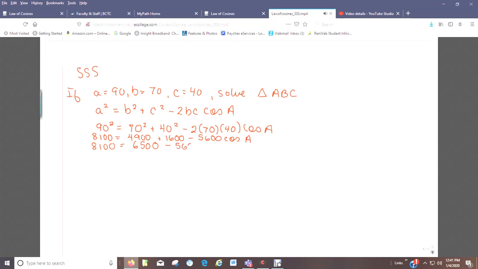But we have to be careful. We can't add the 6500 with the 5600 because it has cosine A still with it. So I'm going to go ahead and subtract my 6500 and get it to the other side. And then 8100 minus 6500 is going to give me 1600.